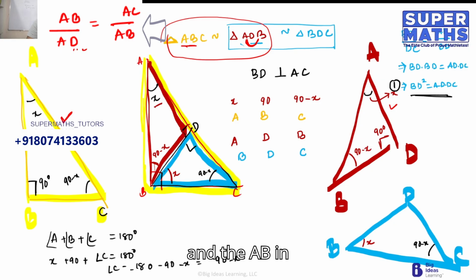Okay, and the AB in the brown triangle corresponds to AC in the yellow triangle.